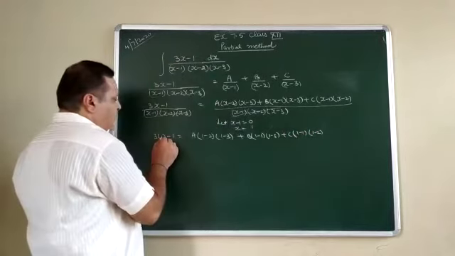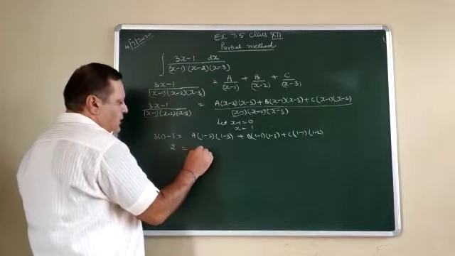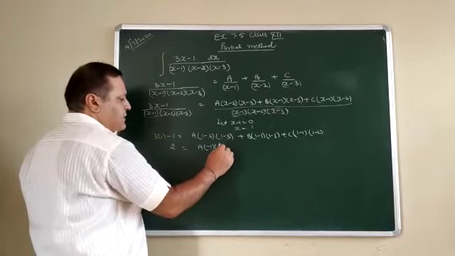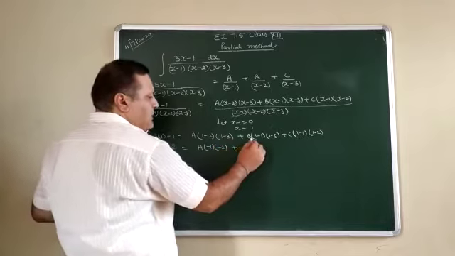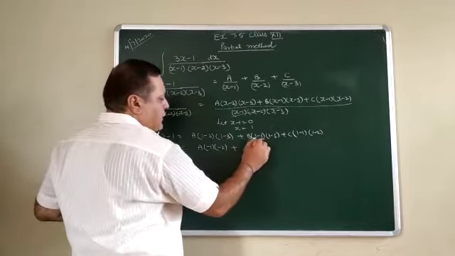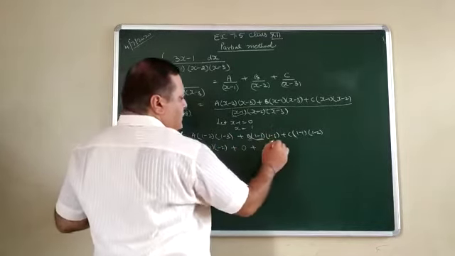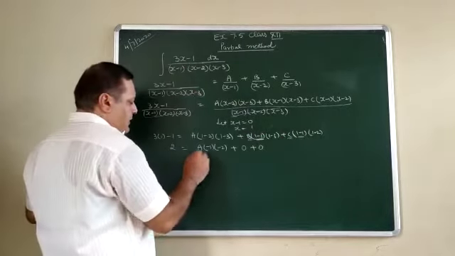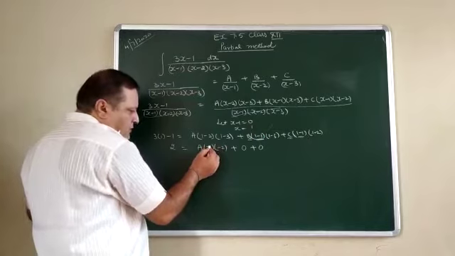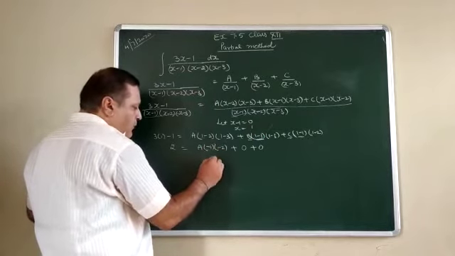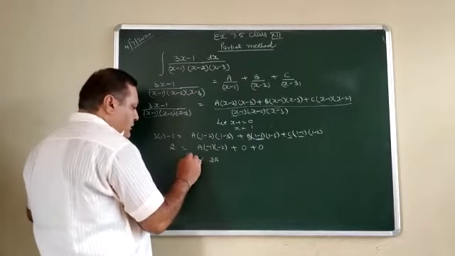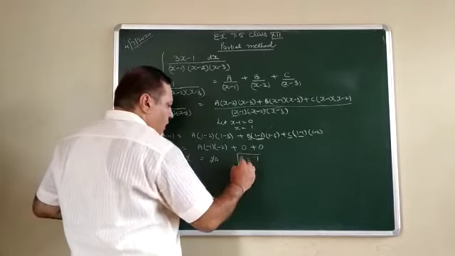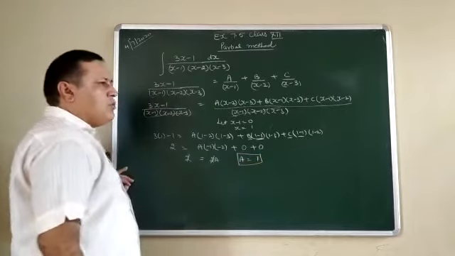Now 3 minus 1, that is 2. 1 minus 2 is minus 1, 1 minus 3 is minus 2. The B term has 1 minus 1, which is 0, so it is 0, and the C term is also 0. Then minus 1 times minus 2 makes 2, so 2A is equal to 2 and A is equal to 1. From here you get the value of A equal to 1.